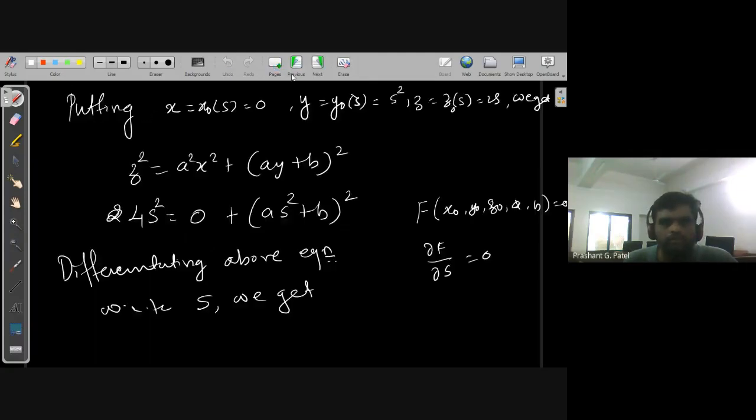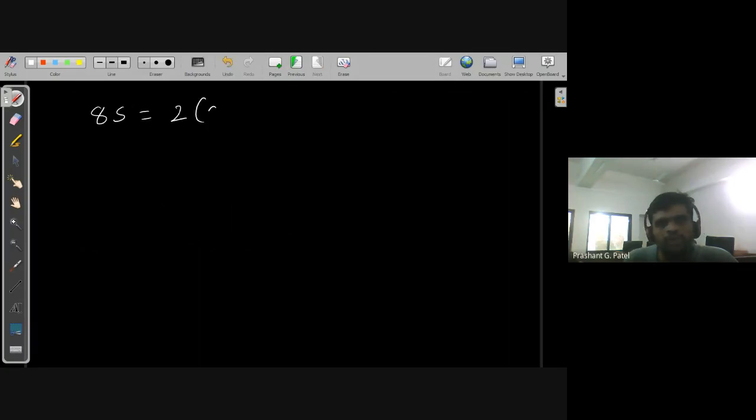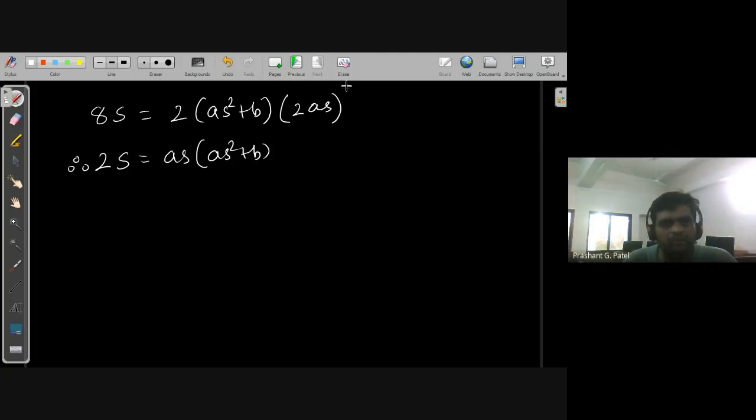is equal to 2as square plus b into derivative of this, that is 2as. So it will give me 2s is equal to as square plus b. s is also cancelled out.